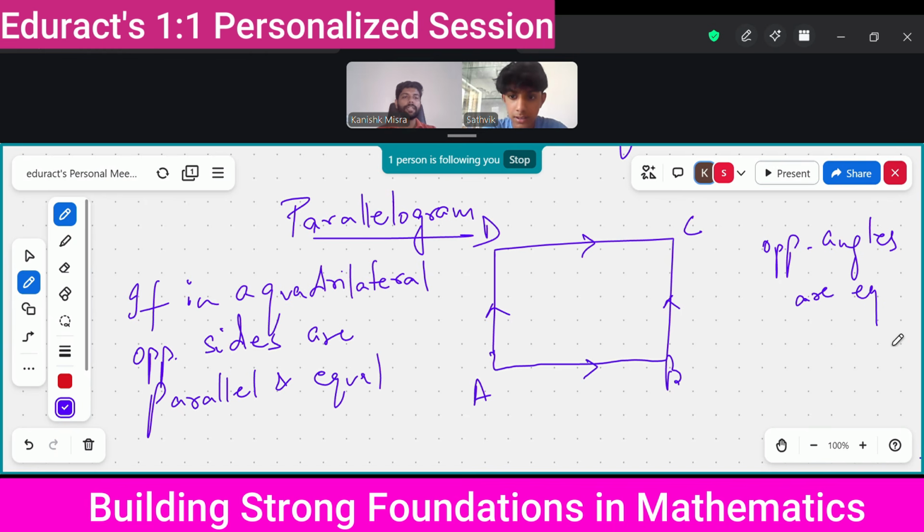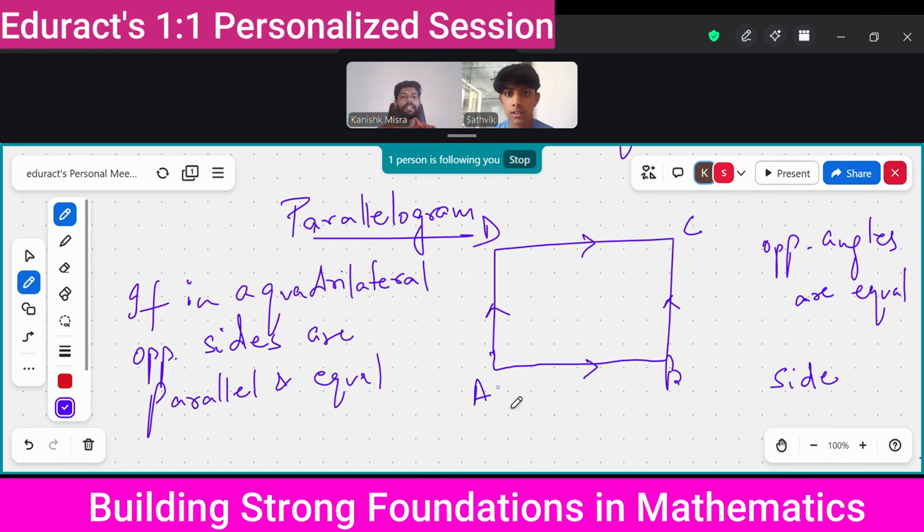What are opposite angles? I'm talking about angles, not sides. What are angles? Angle A, angle B, angle C, angle D. See, there is a difference. AB is your side.